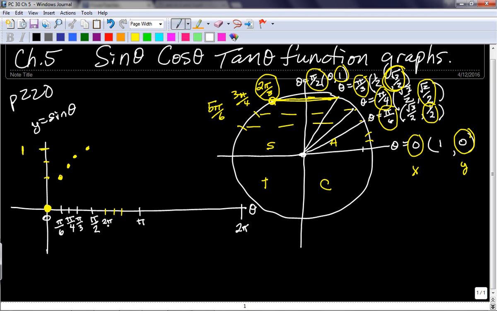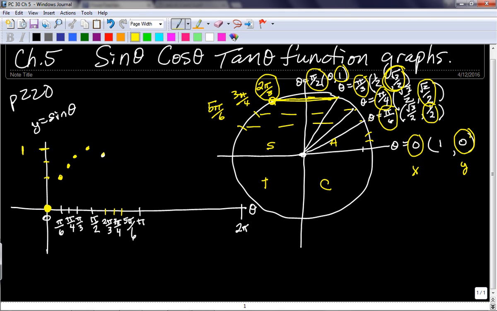I know it's really small up here for me, but we'll do our best. Okay, so I had trouble fitting those in, but that's those three angles there. So 2 pi over 3 has the root 3 over 2, which is 0.8660. So that one's going to go right about there.